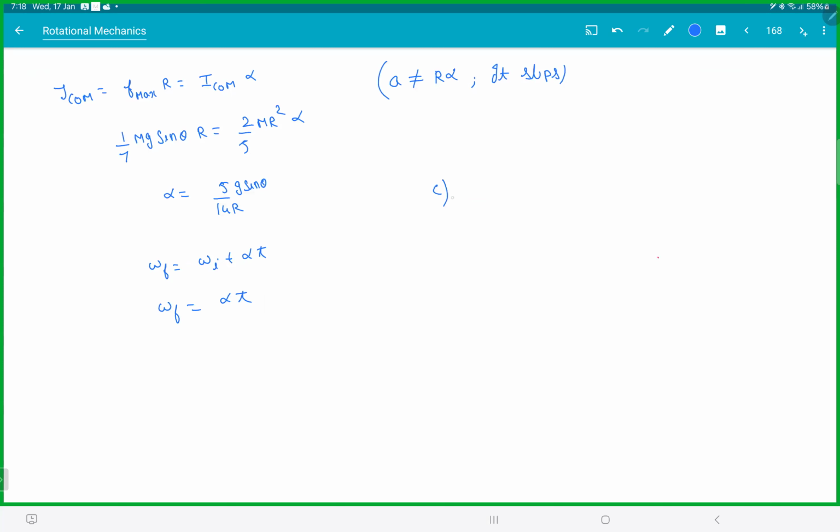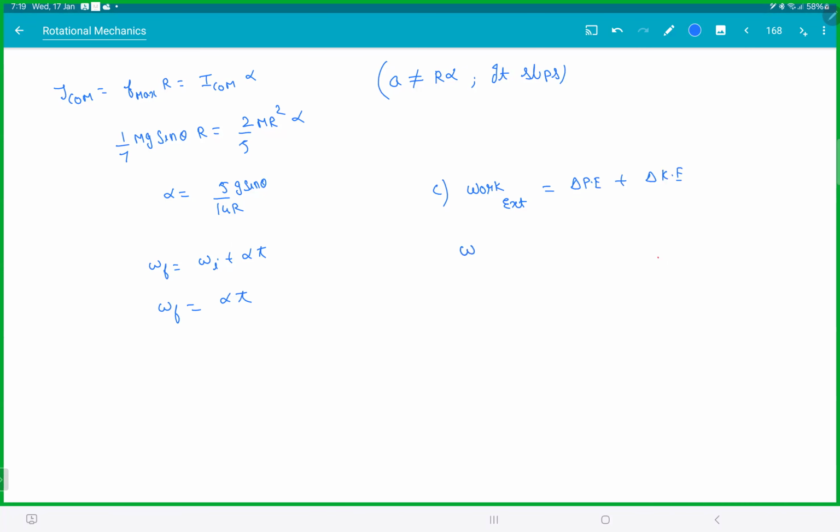See, what is work done by all forces here? The work done by external forces will be change in potential energy plus change in kinetic energy, na? So here, what is external force? Normal is not doing work. Mg is not an external force.